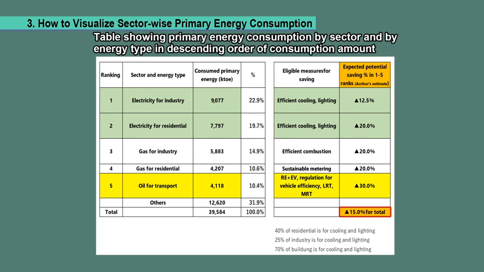EE and C toward the top energy-consuming sectors has the potential of reducing a country's primary energy consumption by 15%. We hope you can use such information to determine effective, functional support measures. This ends the overview of how to visualize sector-wise primary energy consumption and how to utilize the information.